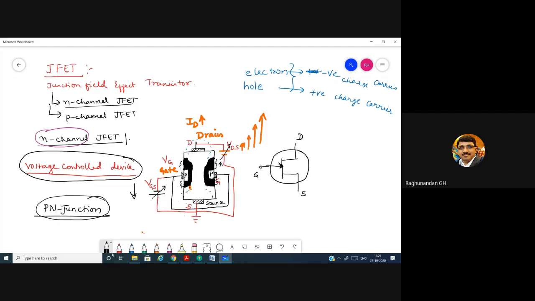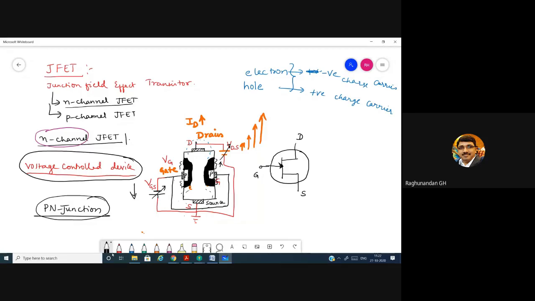Even though you apply more and more VDS, because of the increase in the gate to source voltage, the depletion layer grows and the flow of current is controlled. So by properly adjusting the gate to source voltage, we can adjust the drain current. That's why it is called a voltage control device. They can ask you in an exam why it is called a voltage control device. This is the explanation you need to give.